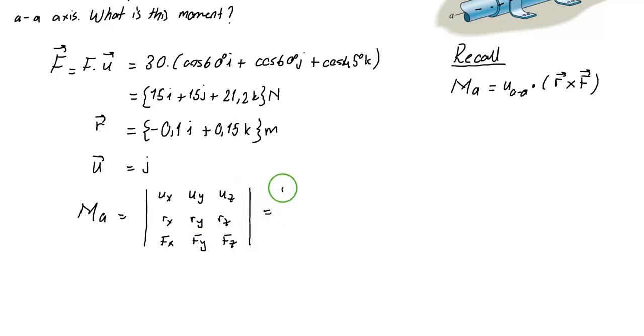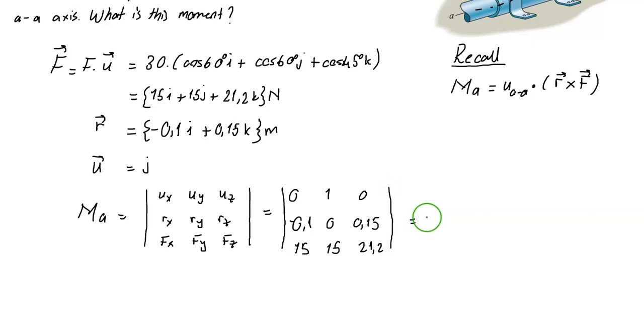So let's write down the values for this matrix. For u, I'm going to have 0, 1, and 0. For r, I'm going to have minus 0.1, 0, and 0.15. And for the force, I'm going to have 15, 15, and 21.2. Okay, and that will give me a scalar value of 4.37 Newton meter on my moment.